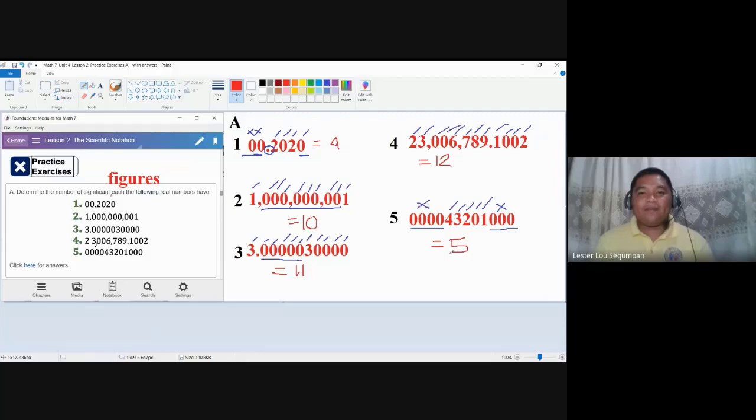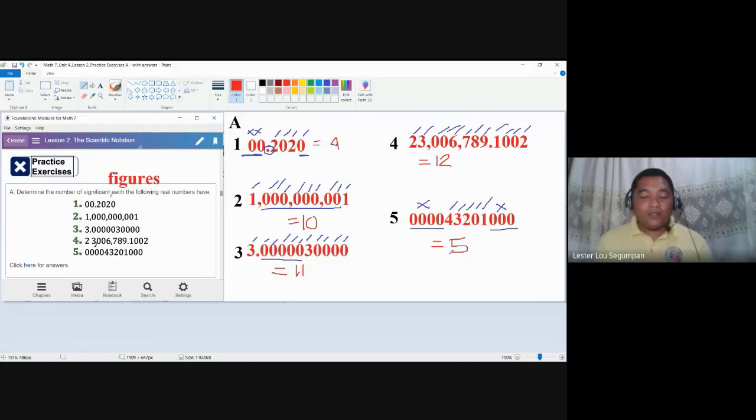And when we talk about the meat of this lesson, which is scientific notation, we need to consider the number of significant figures in numbers in standard form before we go to scientific notation, because we add the same number of significant figures from the standard form to the scientific notation and vice versa.